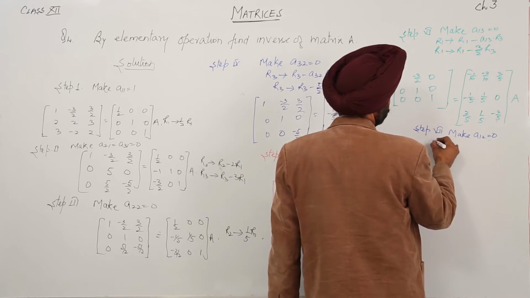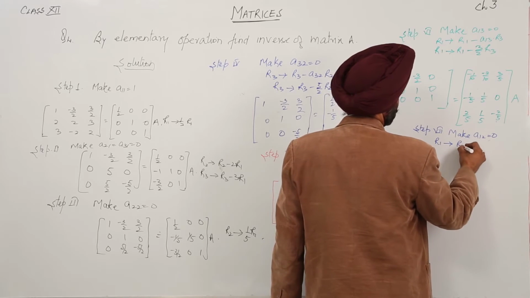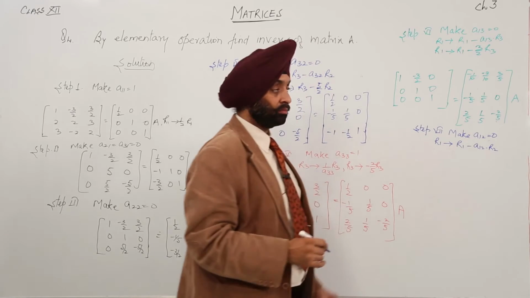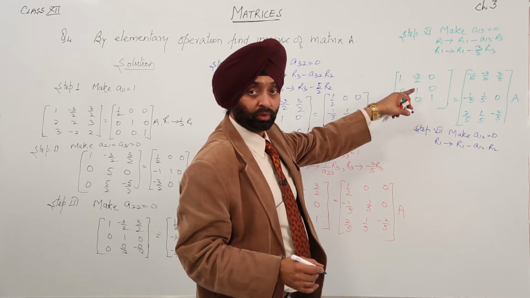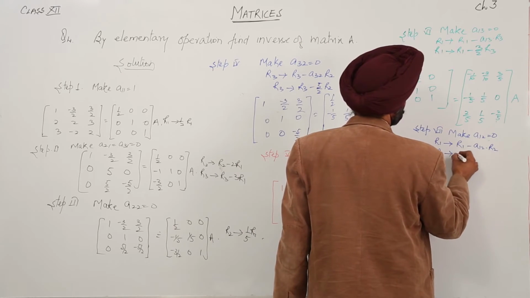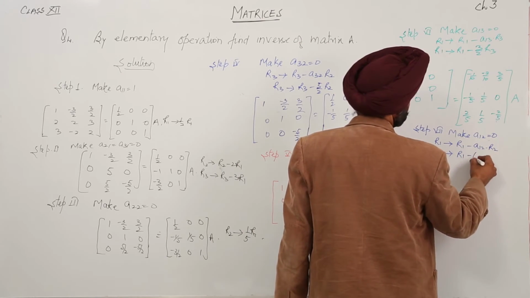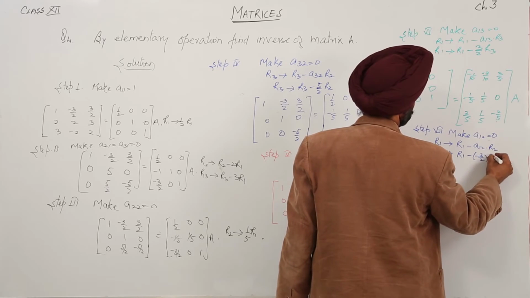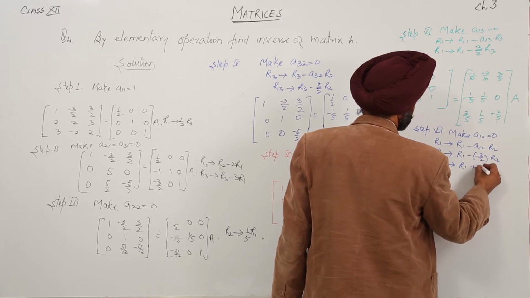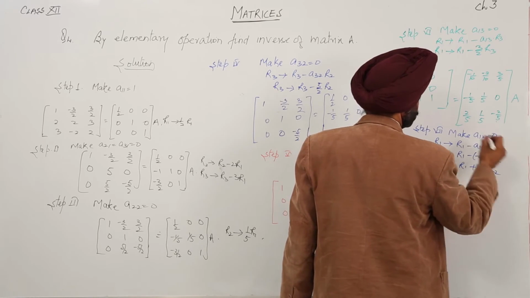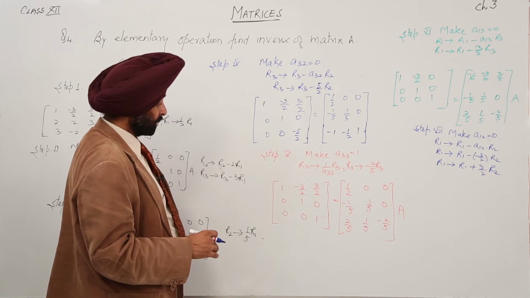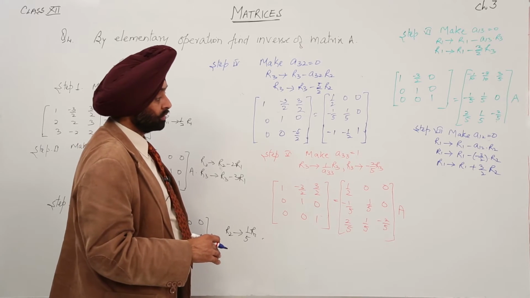Now R1 approaches to R1 minus A12 into R2, this minus this one multiplied by 3 by 2. So now this becomes R1 approaches to R1 minus 3 by 2 into R2, and this becomes R1 plus 3 by 2 into R2.